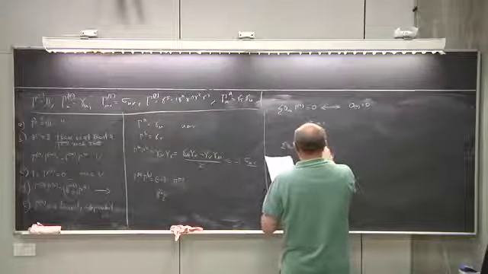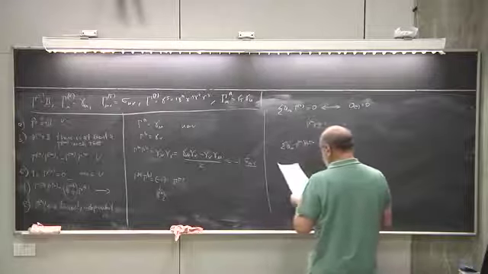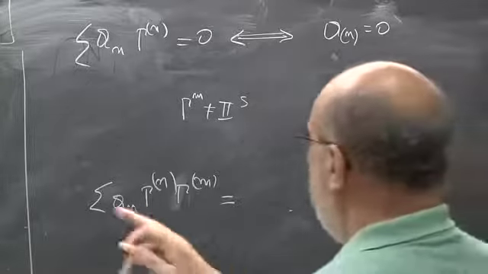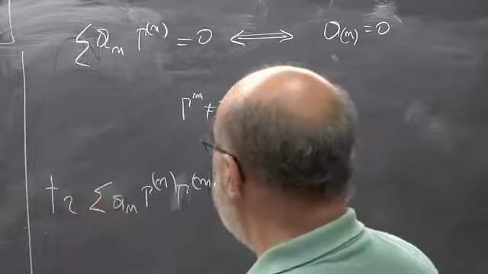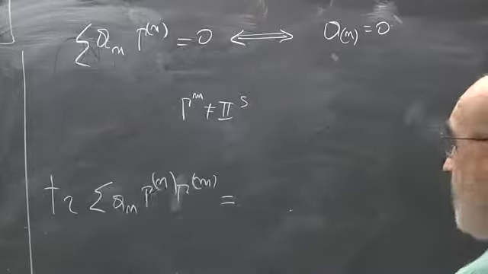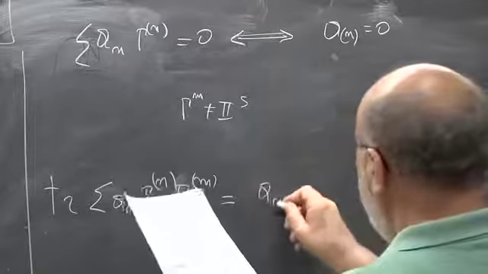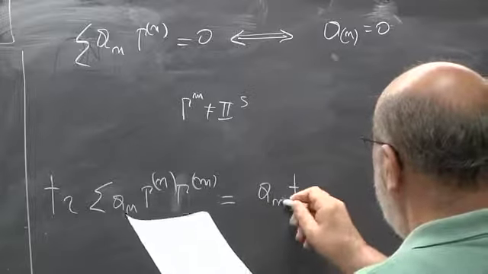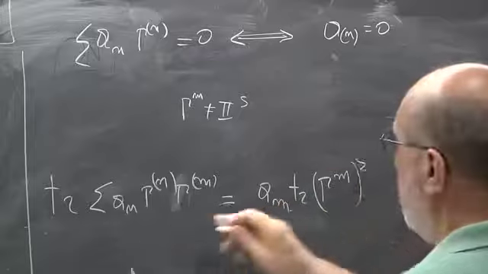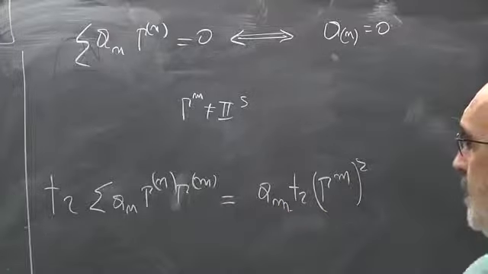And of this quantity now let's take the trace. So we will have, for example, the case when the two are equal, so we will have a_m trace of gamma m squared. So the first case is when n is equal to m.